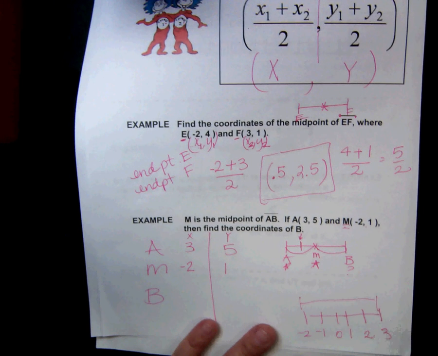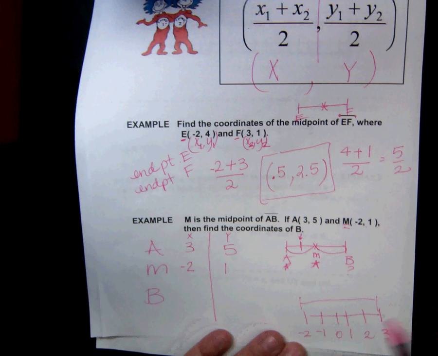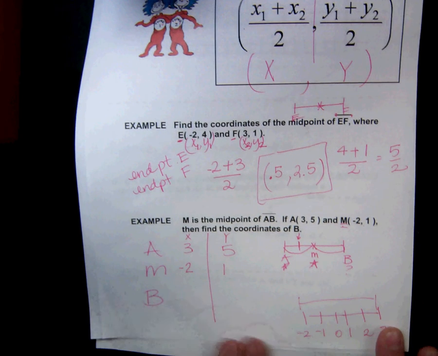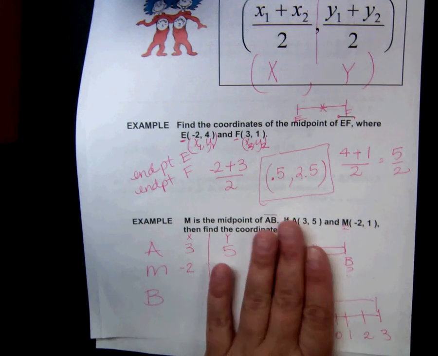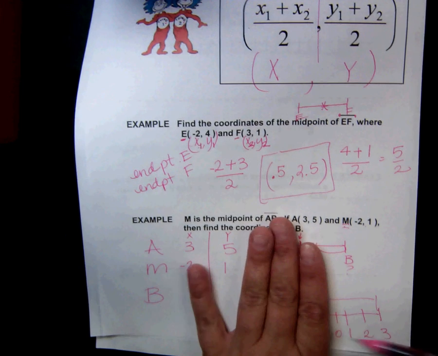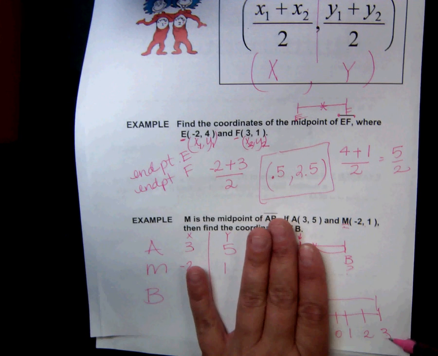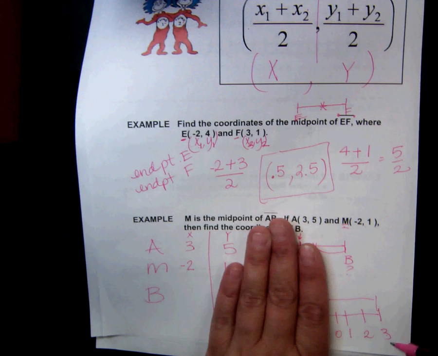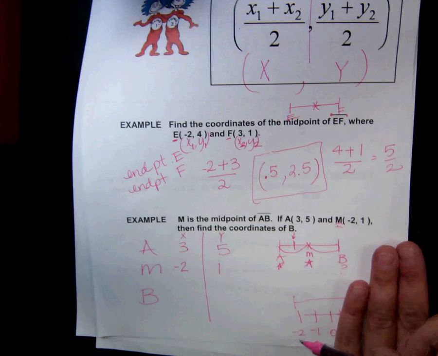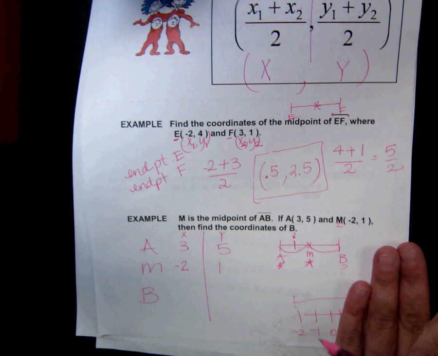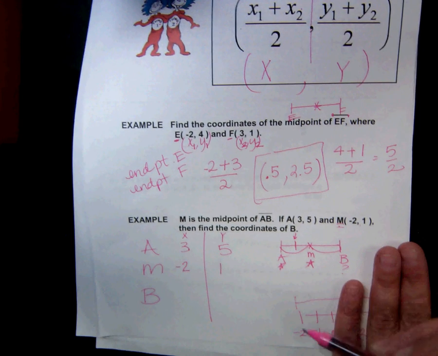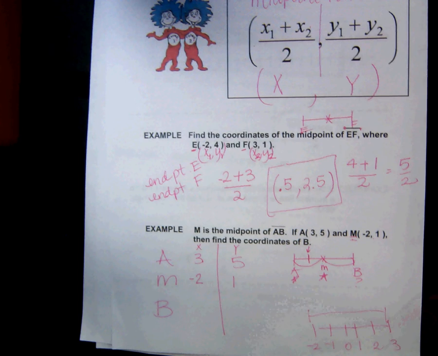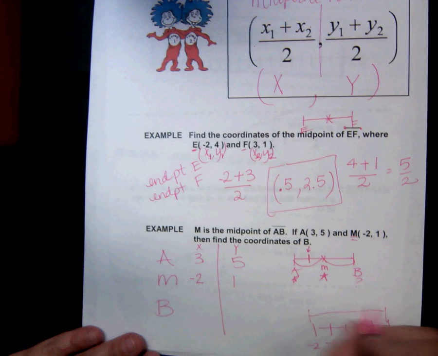We can count it, or you can think of it as the absolute value like we did, or you can look at it this way. How far is 3 away from 0? It's 3 spaces. And how far is -2 away from 0? It's 2 spaces. So I know that if I add those two numbers together, I would get 5.